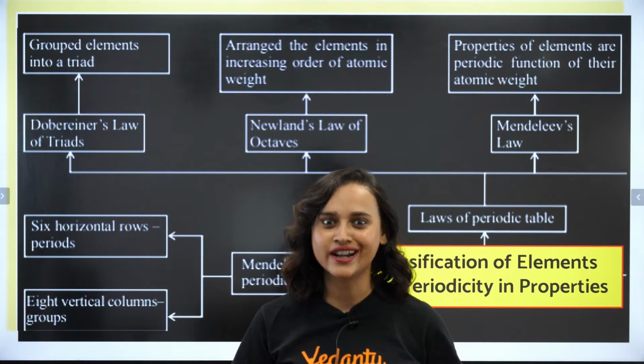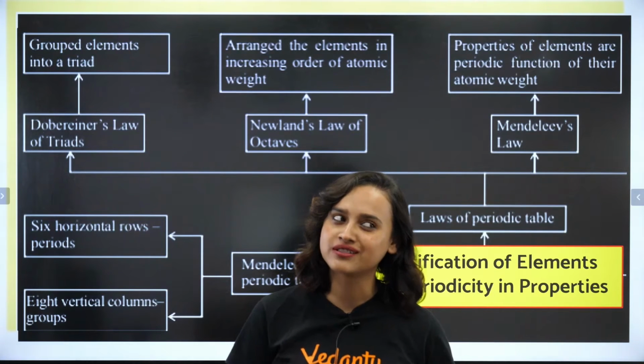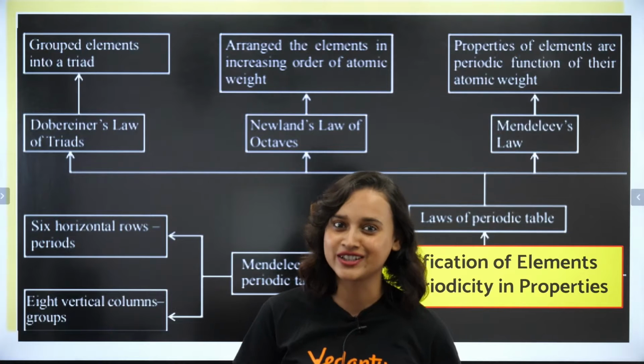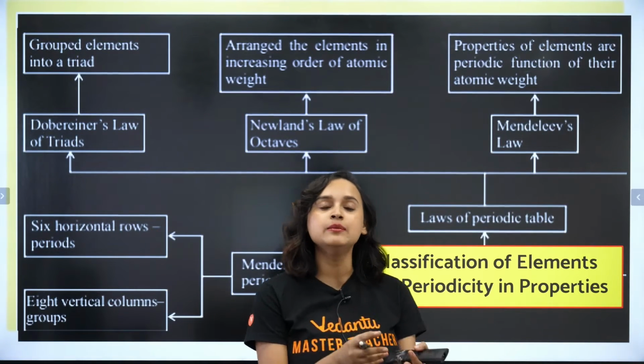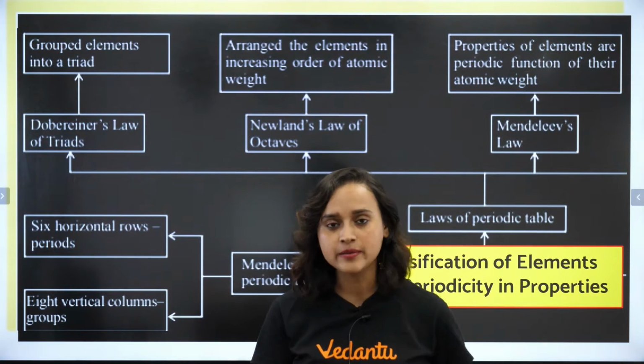Imagine if you had to study each element and there was a chapter for each element. Can you imagine how tough the JEE exam would be? Even tougher than right now, right? And that is why classification or grouping elements into different categories kind of makes it easy.